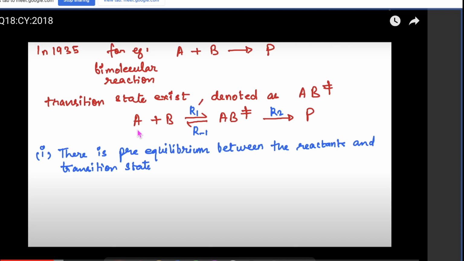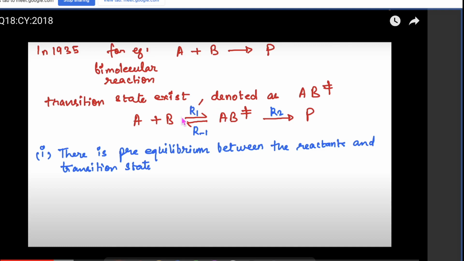So if I have two molecules A and B giving me product P, because it's a transition state, there should be one transition state in between, so it is AB double dagger. In the transition state we assume that it is in pre-equilibrium with my reactants. So the pre-equilibrium is set up here, and finally I get the product with the rate constant k2. The assumption for pre-equilibrium is that this step, k2, has to be very slow, because it is the rate determining step.